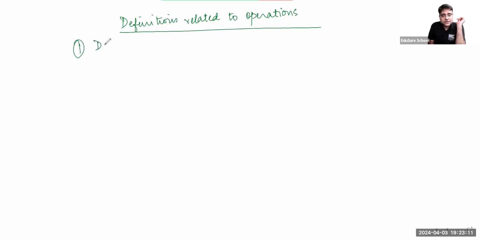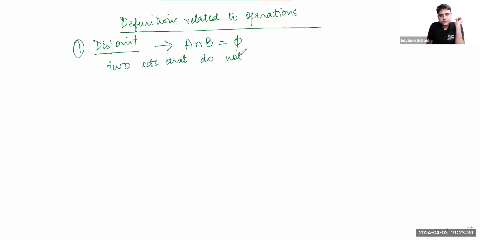First definition is that of a disjoint set. Now, what is a disjoint set? A disjoint set is a set whose intersection is a null set. That is, two sets that do not have any common element.